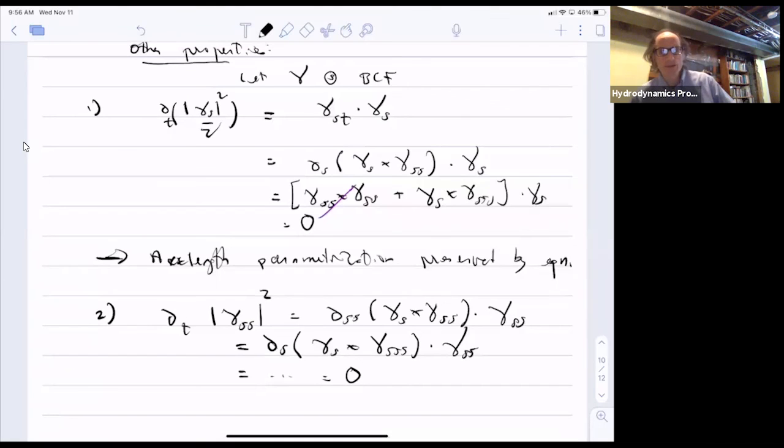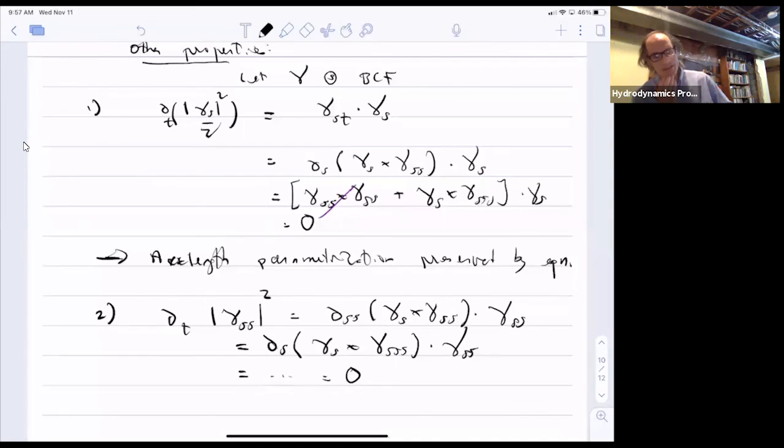So again, gamma_sst. This has got to be easy. Oh yeah, this is totally wrong. No, what am I doing?